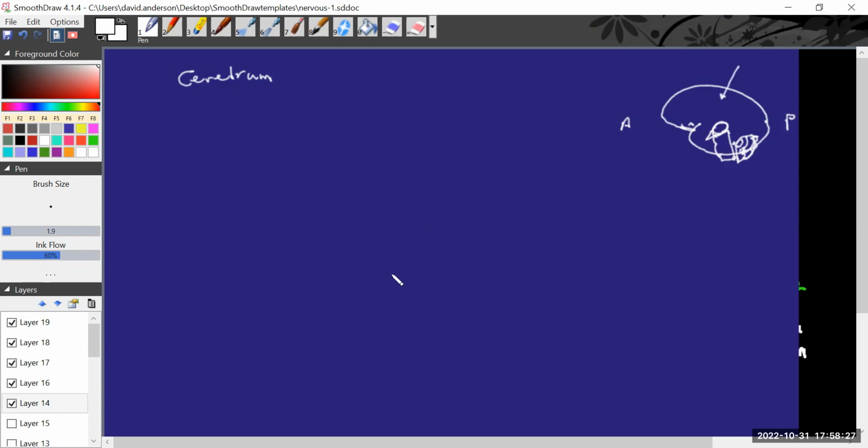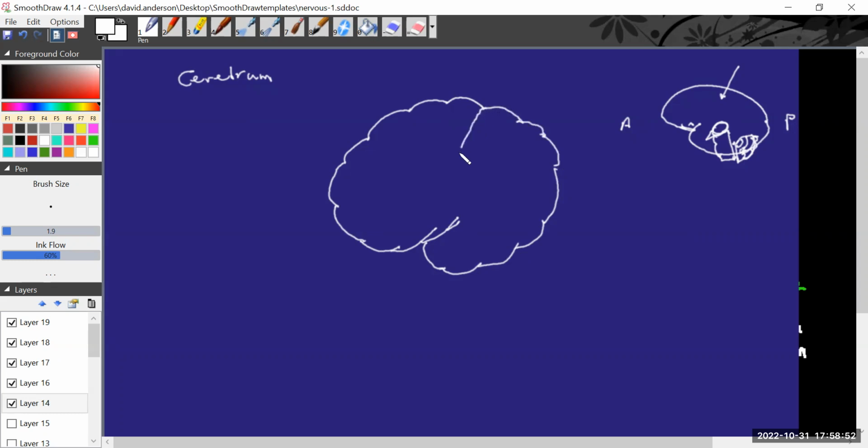So we're going to start by looking at the cerebral hemispheres. So we're going to draw out our cerebral hemisphere so it looks something like that.